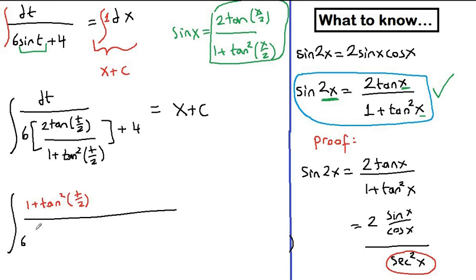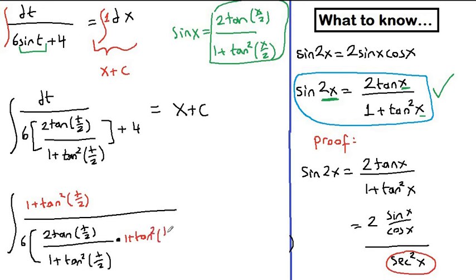We have 6 times 2 tangent t over 2 over 1 plus tangent squared of t over 2 multiplied by 1 plus tangent squared of t over 2, plus we have 4, and we need to multiply that term by 1 plus tangent squared of t over 2 as well.